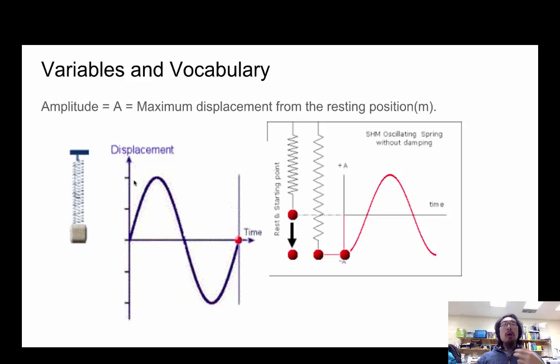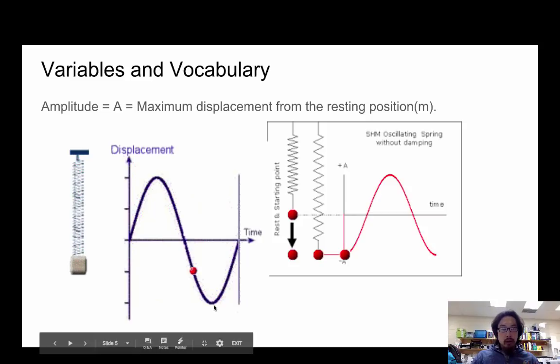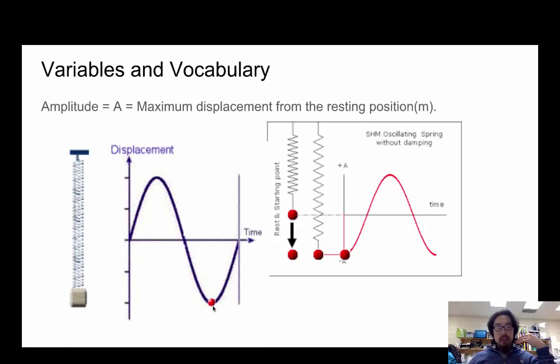So at that point, what the spring wants to do is it doesn't like being squished, and so the spring is going to push it along with the help of the gravitational force. It's going to pull it all the way down until it has a maximum amplitude in the opposite direction. Okay, and what we get is a very beautiful curve called a sinusoidal curve, and we're going to be seeing that shape a lot.